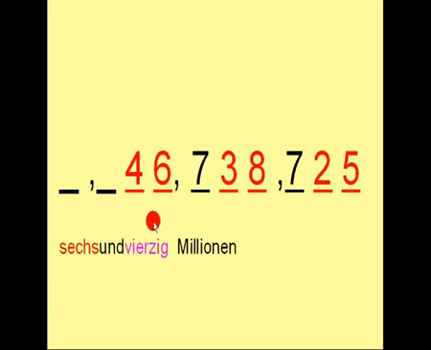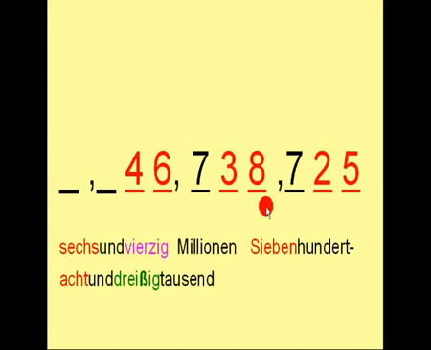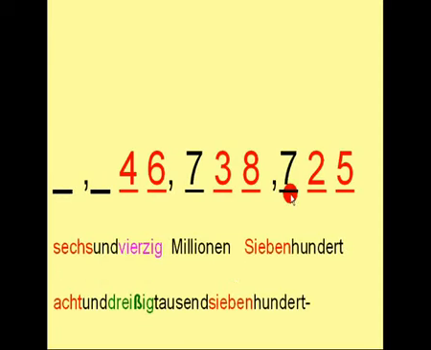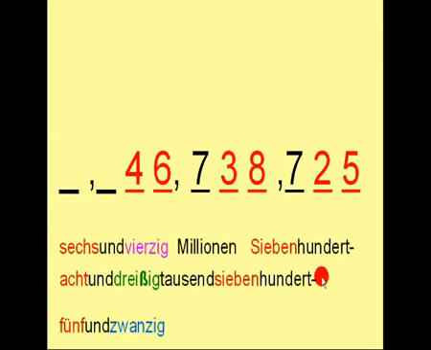But because it's a million, we still write it separated. 46 Millionen. 738,000. And then 725. One more time. 46.738.725.